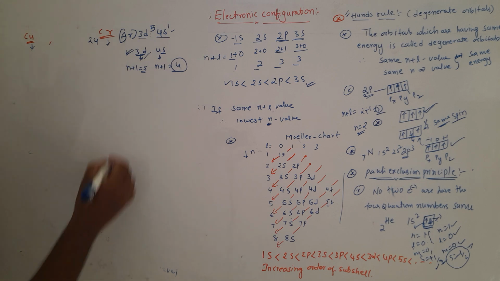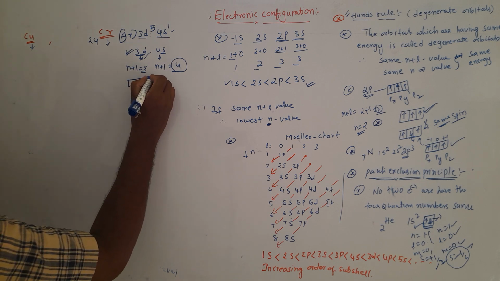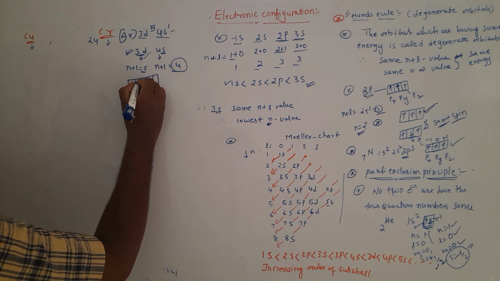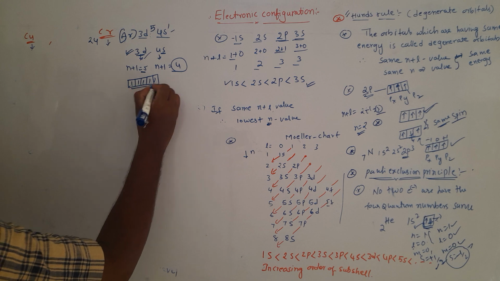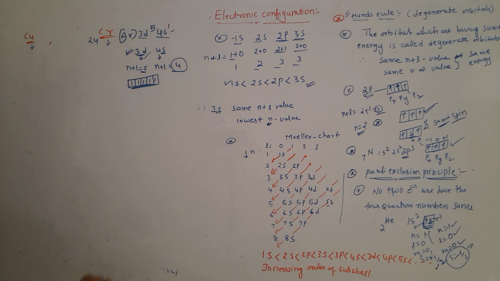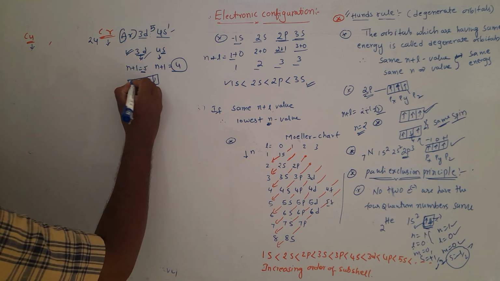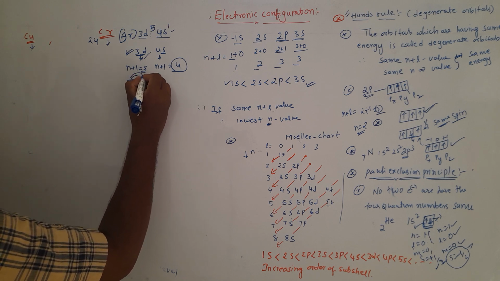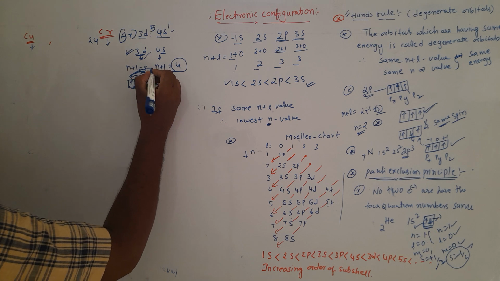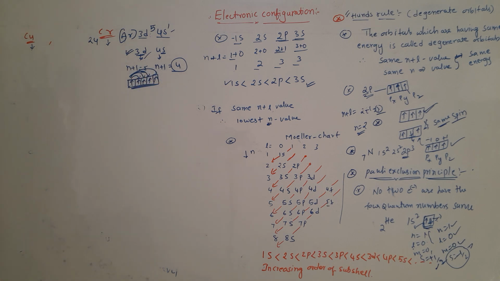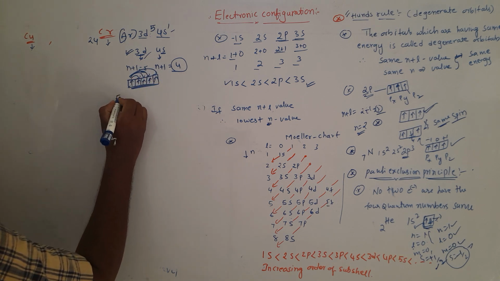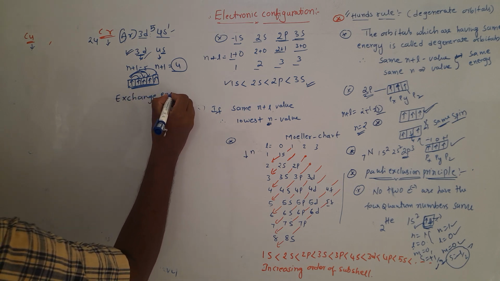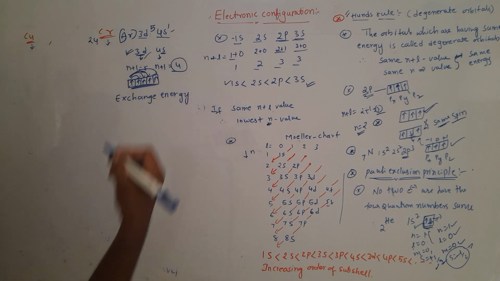So why is it? Because when you fill the electrons like this, it gets some extra stability, that is half filled electronic configuration, some symmetry is there, and here electrons can exchange with one another. When they are exchanging with one another, they lose their energy, so that they get some extra stability. This is called exchange energy.